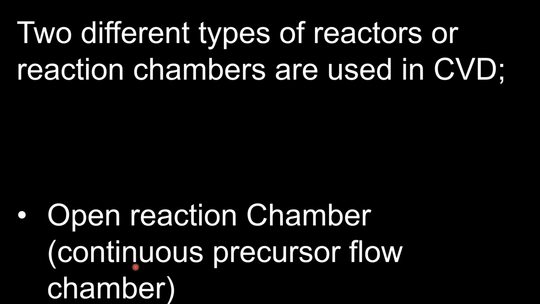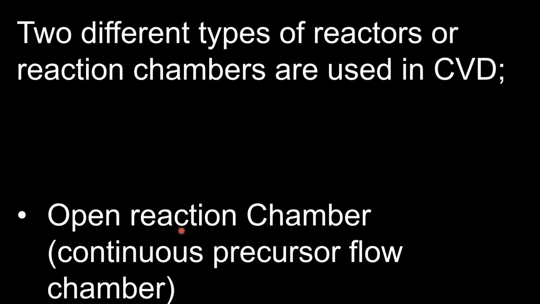Please note that CVD processes usually use an open reaction chamber. The precursor material in open reaction chambers is not present inside the reaction chamber. It is operated from the outside of the reaction chamber.